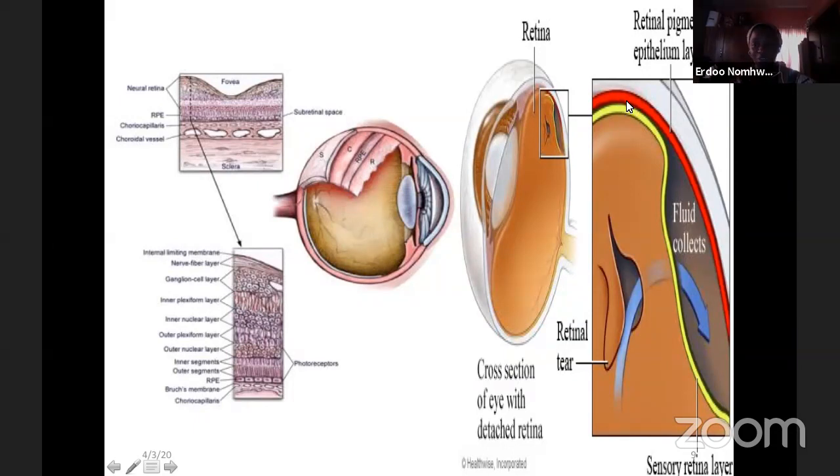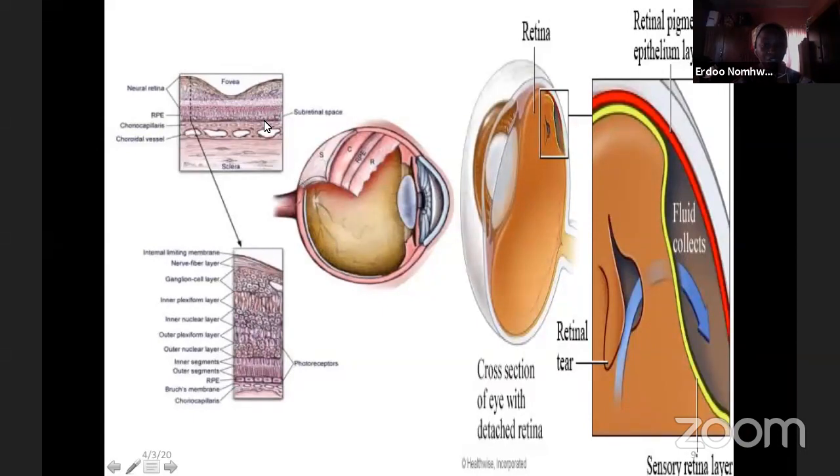So we have fluid collecting in the subretinal space between the RPE and the neurosensory retina. And these are the other layers of the retina.